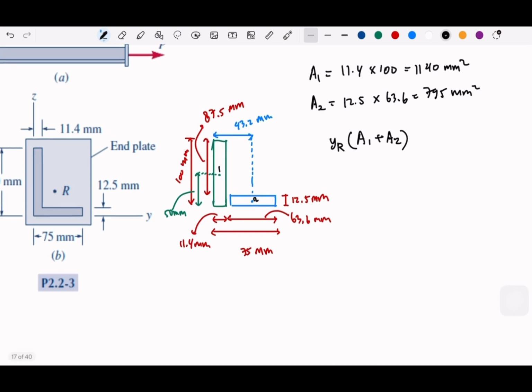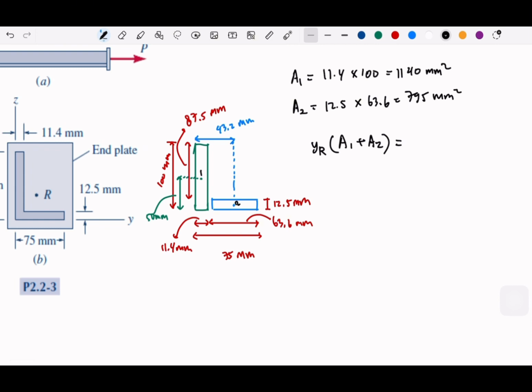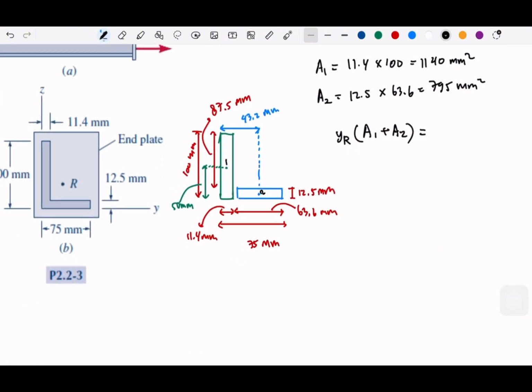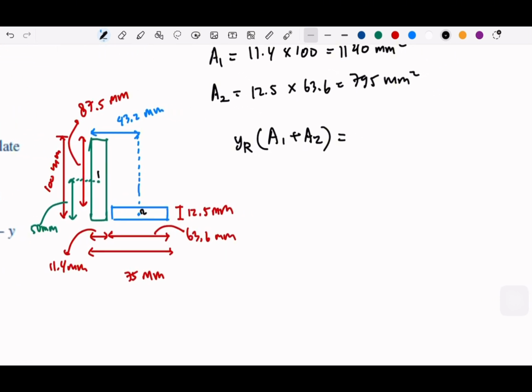YR is equal to, now we focus on both of the areas that are affected by only the y-axis. Okay. This will be A1. Okay. Multiply with the height.